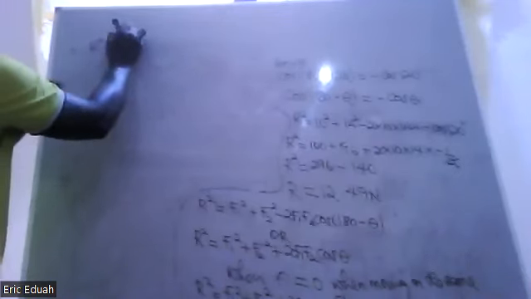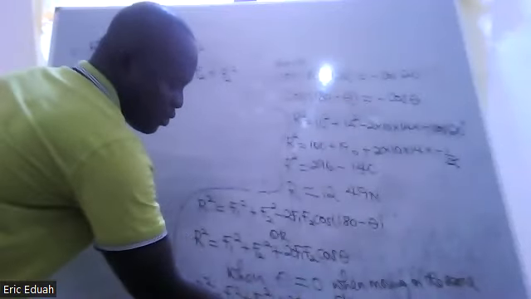If R squared is equal to F1 squared plus F2 squared plus 2F1 F2, then if you expand F1 plus F2 all squared, the expansion of this is equal to F1 squared plus 2F1 F2 plus F2 squared. Are you okay?